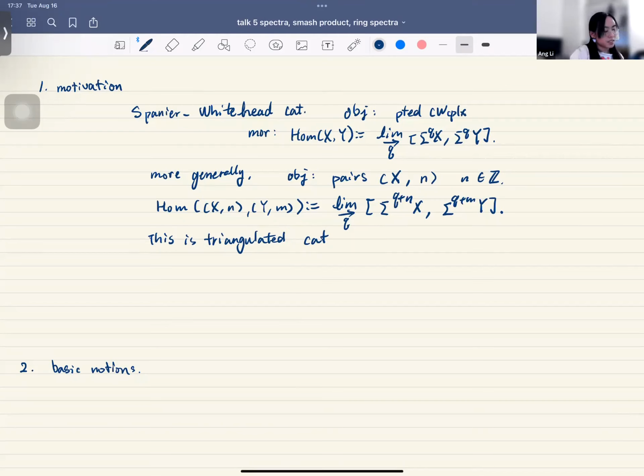Anyway, this category doesn't satisfy something we want. For instance, it does not preserve coproducts. And that's bad because that means Brown representability does not always hold.